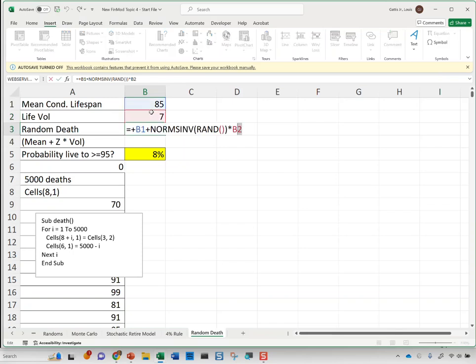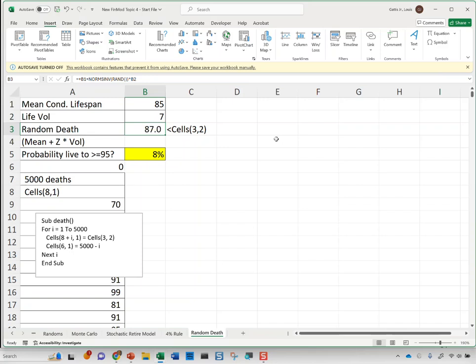Here is my random walk model of death. 85 years, that's B1, plus random Z times the volatility, 7 years. So every time I hit F9, I die at 86, 82, 86, 95, 78, 86, 70, ouch. And so this is the random walk model of death.